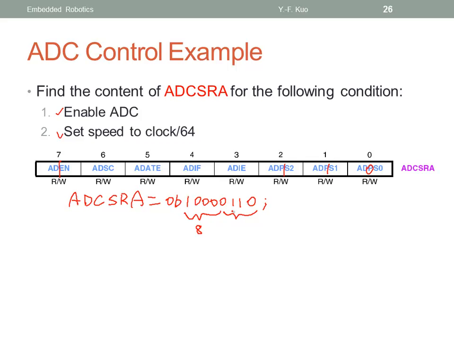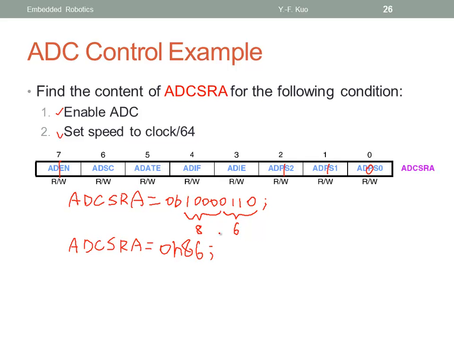This is 2 to the 3, 2 to the 2, 2 to the 1, and 2 to the 0, right? So this is 2 to the 2 plus 2 to the 1, 4 plus 2, and this will be 6, right? So in hex, we write ADCSRA is equal to 0x86.